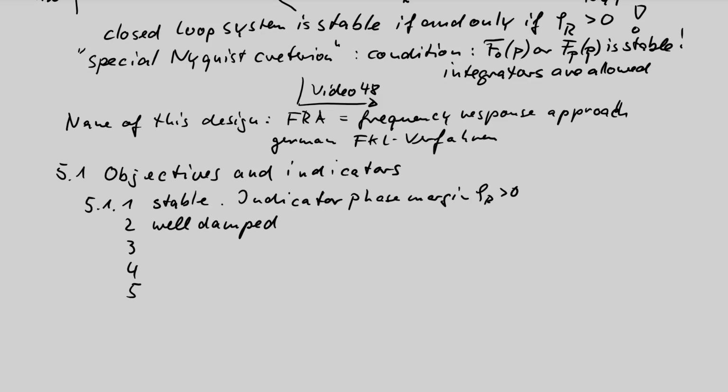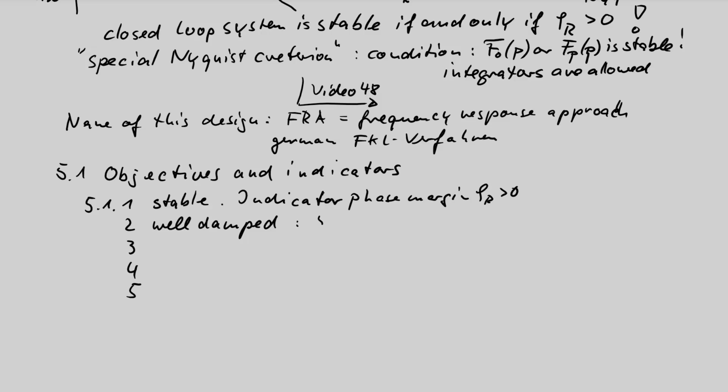The interesting thing is the phase margin is also a good parameter for the damping. If the phase margin is 0, then you have zero damping. If the phase margin is small, then you have bad damping. And the larger the phase margin, the better the damping.